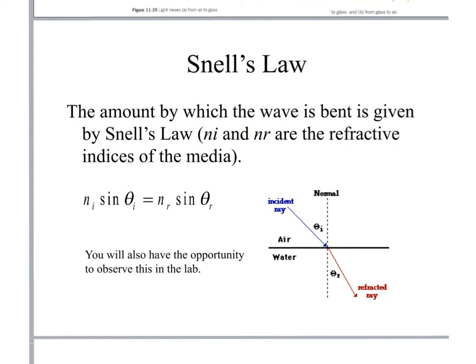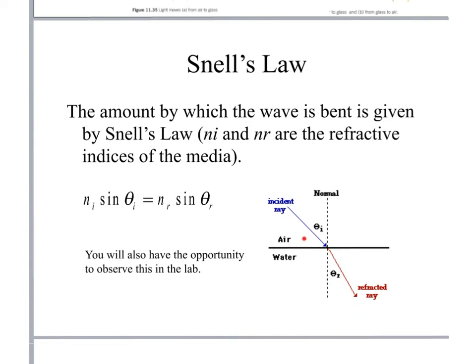Now, there's also something called Snell's law. Snell's law is how we are able to sort of quantitatively determine what that angle of refraction would be. So here in our diagram, we have our incident ray. Here's the boundary between two media, the normal, and our refracted ray.